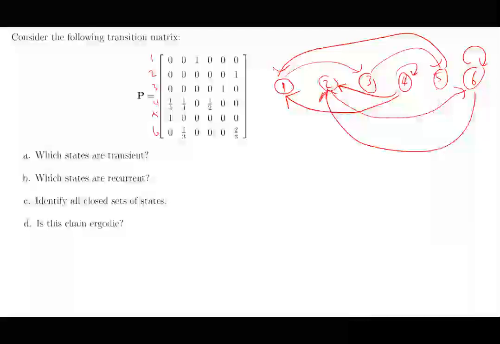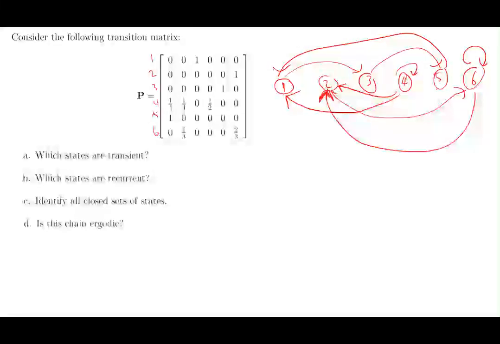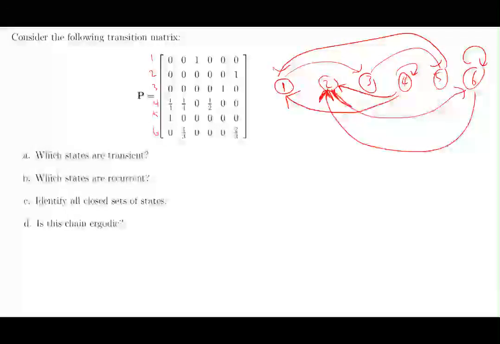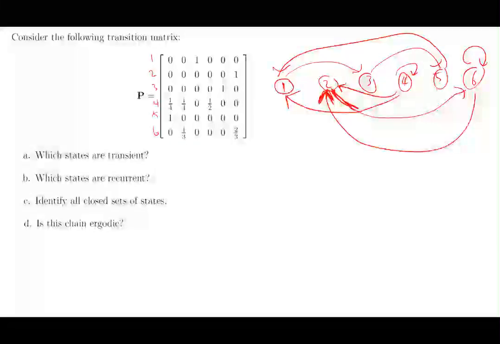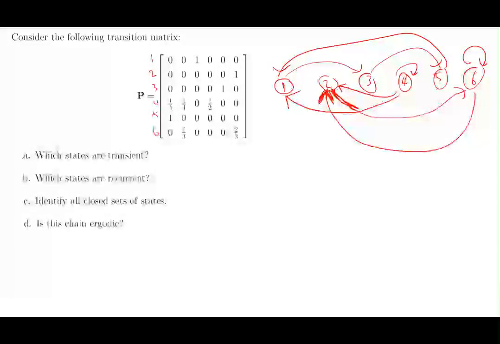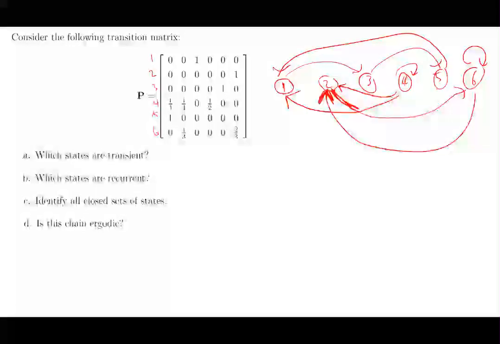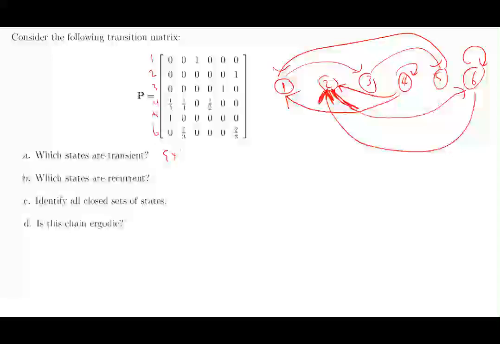I think this is pointing this way, and this is just straight. So the transient state here is 4. If you look at 5, it's going to come back, that's recurrent. 6 is recurrent. The transient state is 4, and all the other states are recurrent.